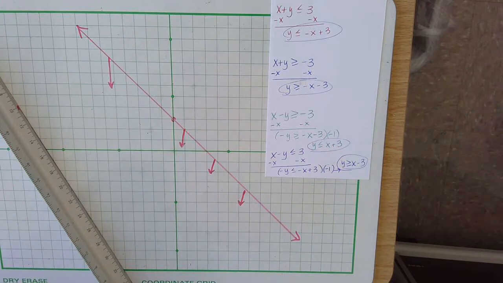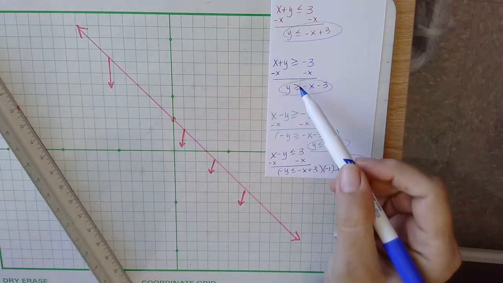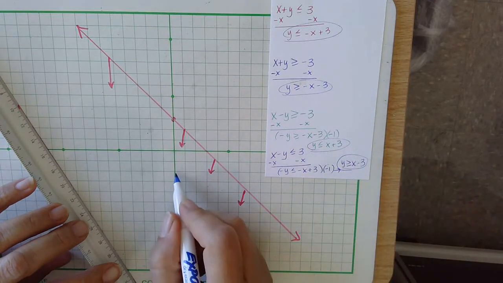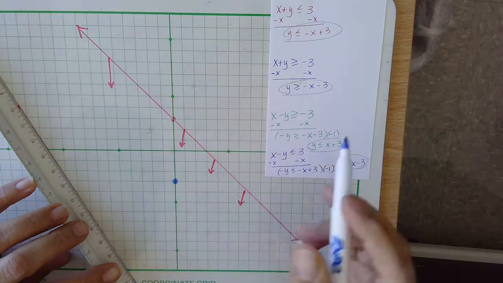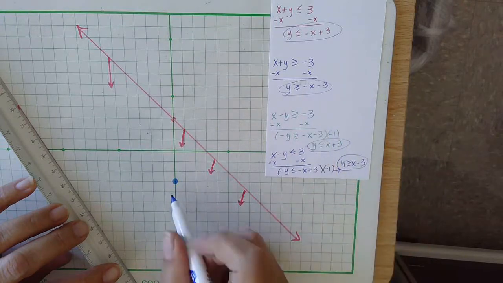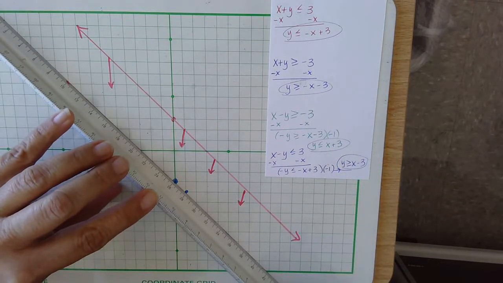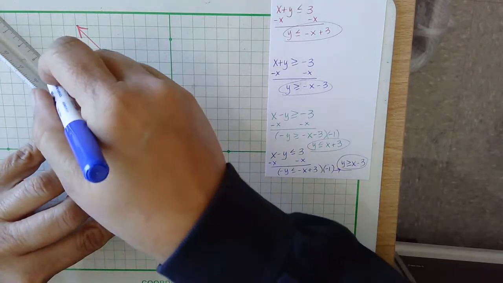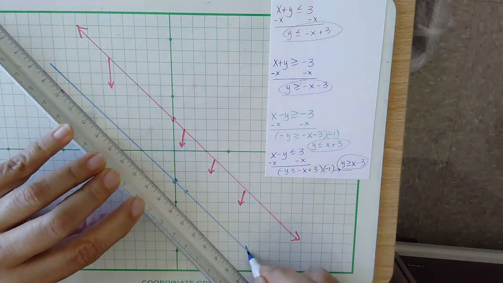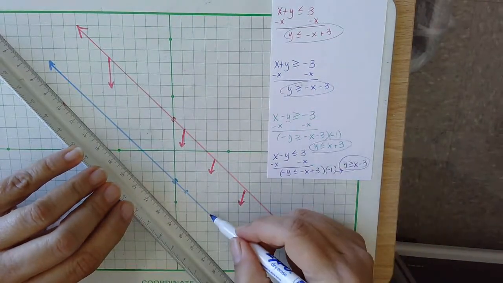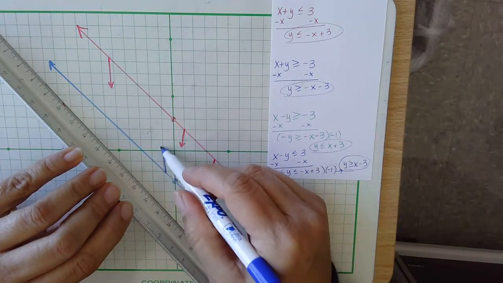Next, I'll graph y greater than or equal to negative x minus 3. I go to y is negative 3. It's my y-intercept. My slope is negative 1. This is a solid line as well. But since I have a greater than, my solutions are above this.